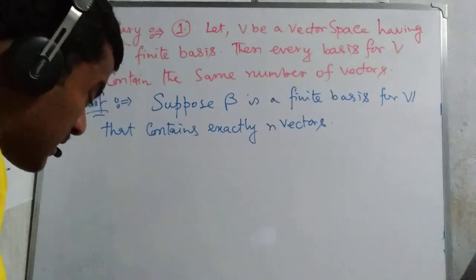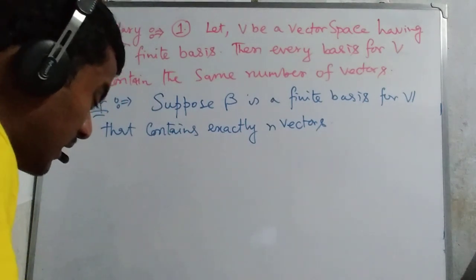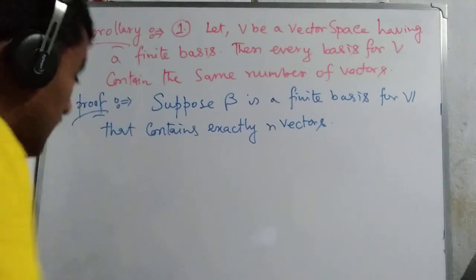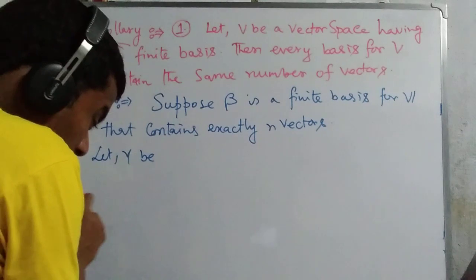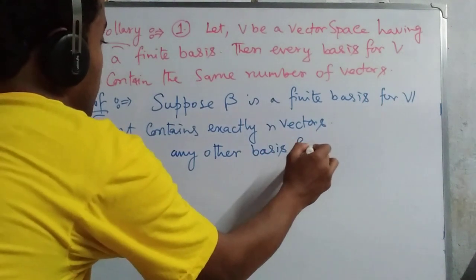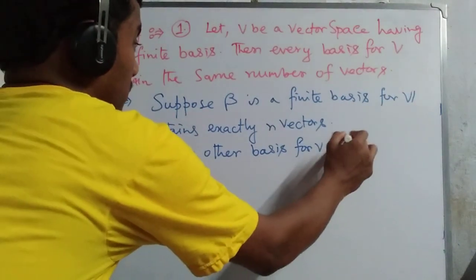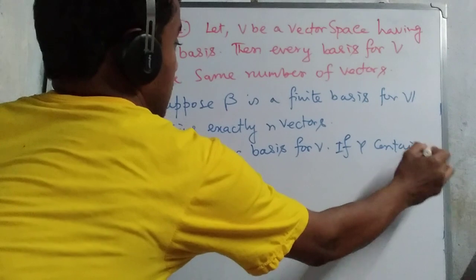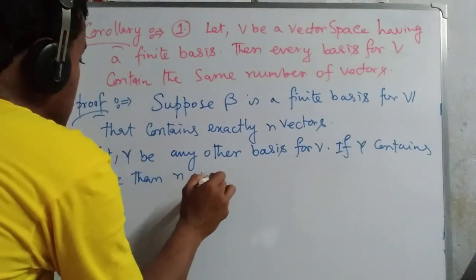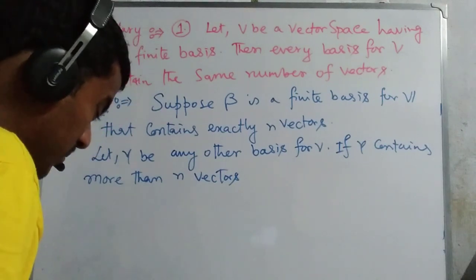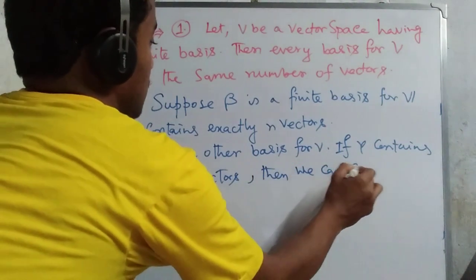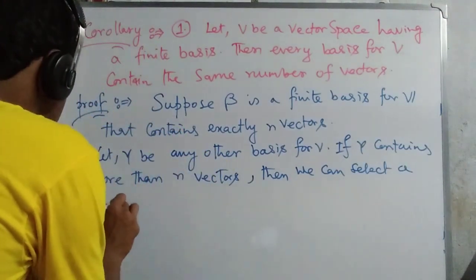That means we also take, let gamma be any other basis for V. If gamma contains more than n vectors, then what happens?